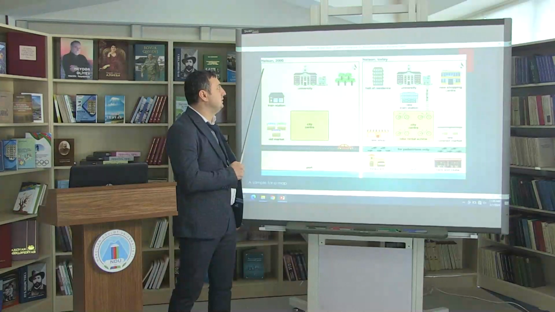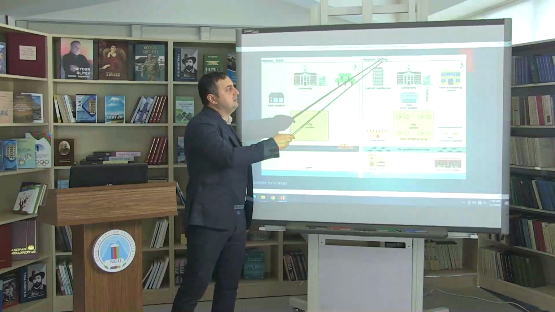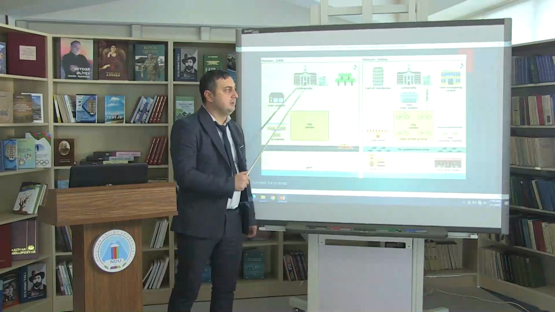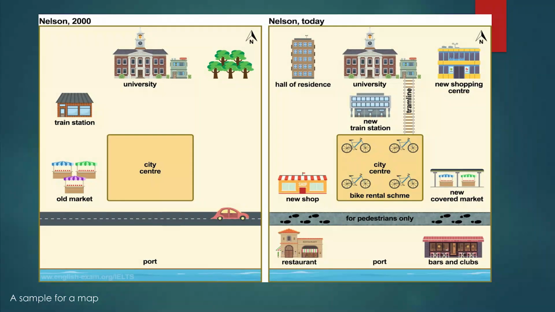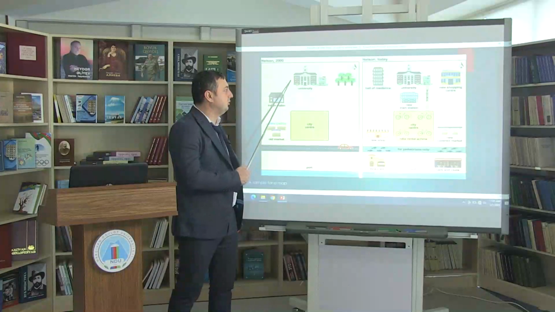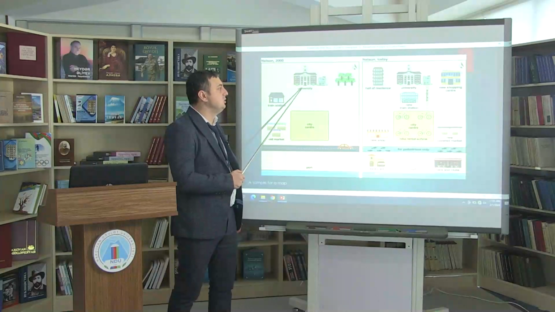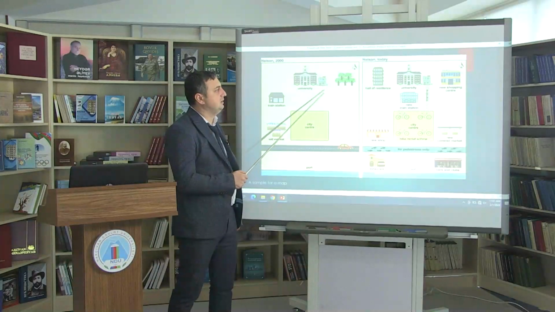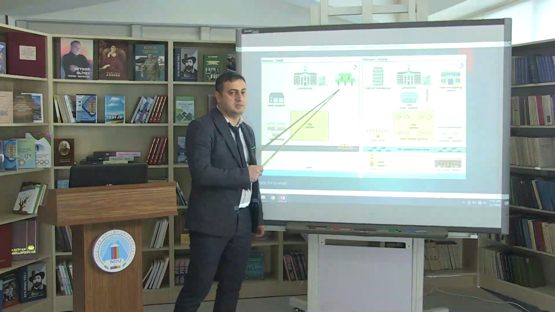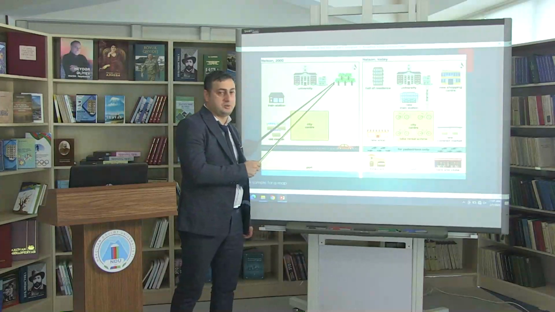And as we see, Nelson in 2000 and Nelson today, we will describe both of the pictures, and the only unchanged object or facility is the university building here, and we see here also the trees.